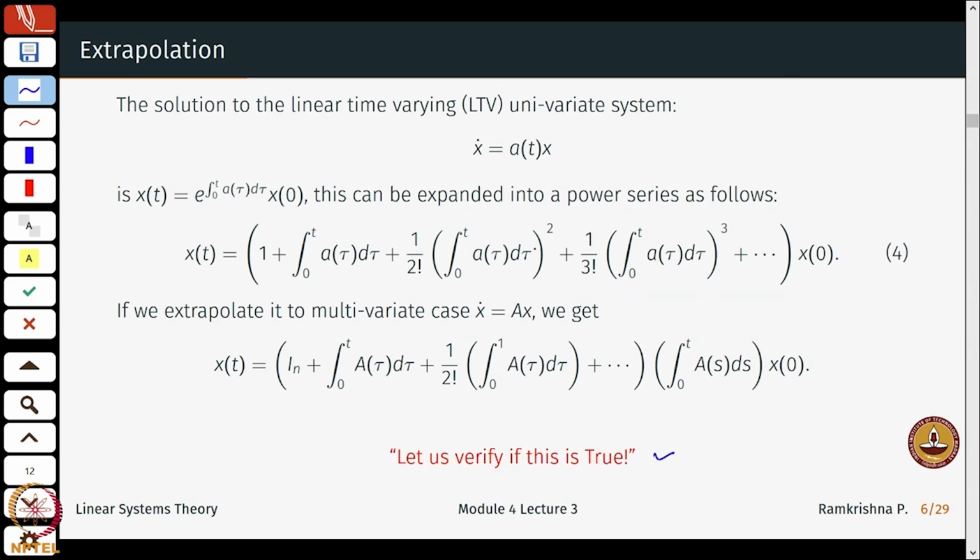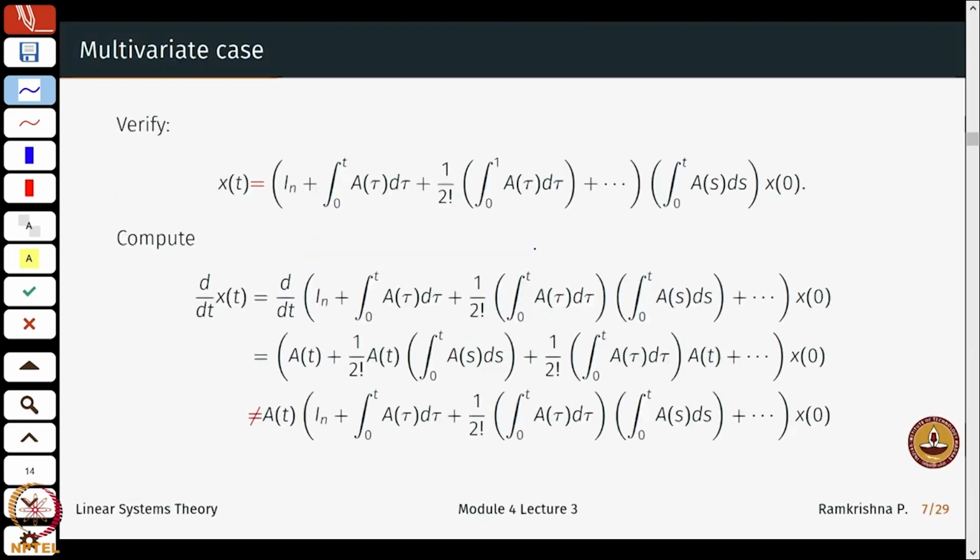I just try this for the vector case and check. Again, what do I need to verify? I need to verify the initial condition. I also need to verify that this solution satisfies the differential equation by differentiating this x of t.